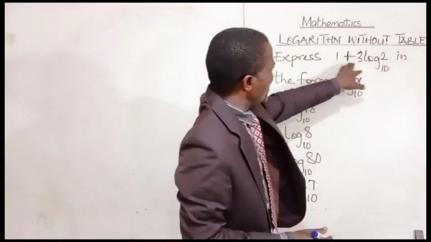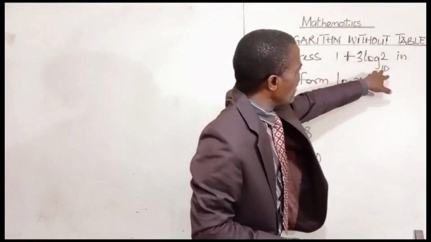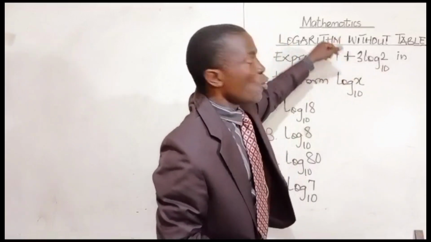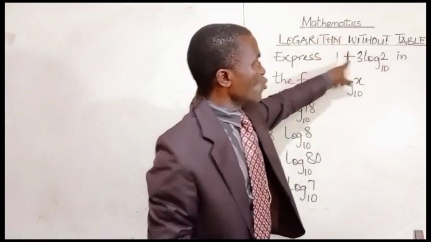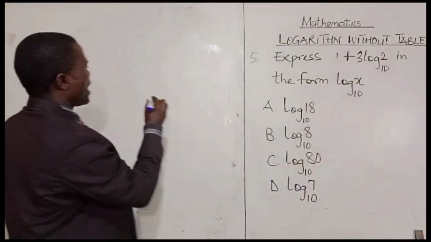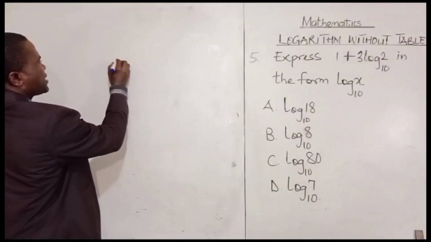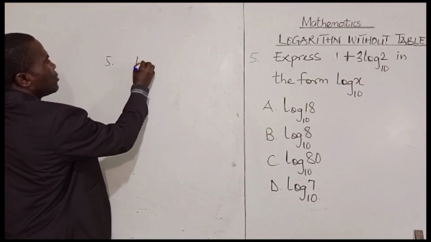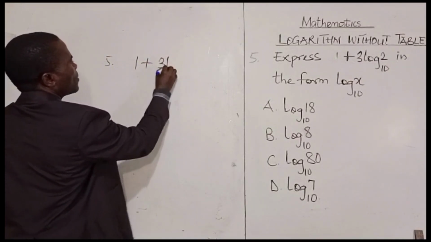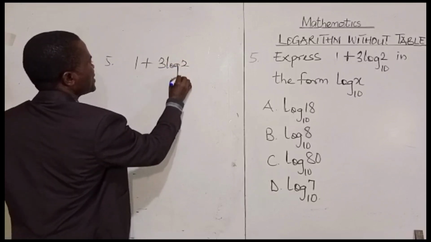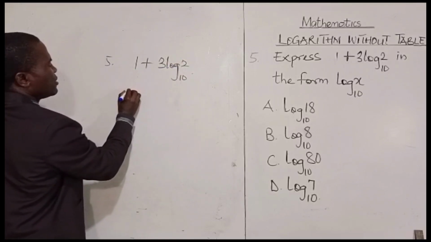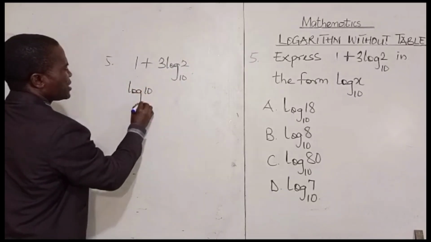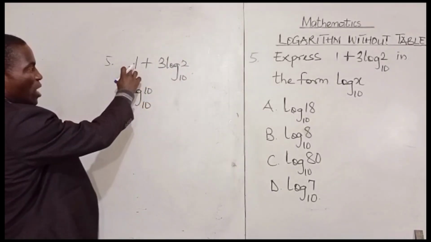Since this one has base 10, I can as well represent 1 with base 10. So the solution can now be written as 1 plus 3 log 2 base 10, where the 1 can be replaced and represented by log 10 base 10, which is still 1.